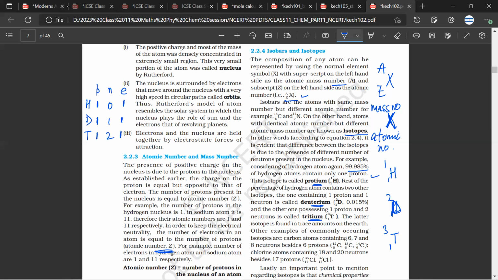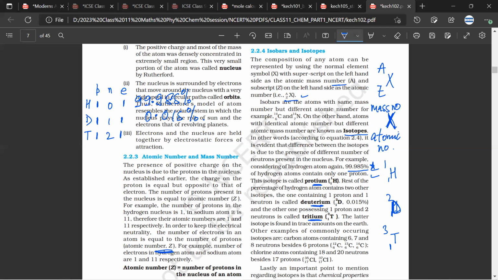Now the issue is that in nature, 99.985% would be the first, protium. And then if you see the rest, the deuterium is 0.015%, and the other one is tritium.